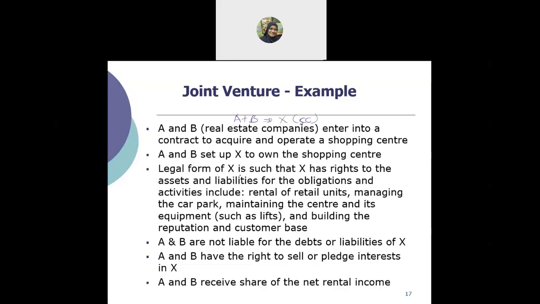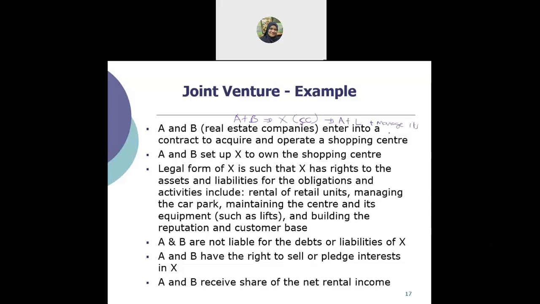The legal form of X is that X has rights to the assets and liabilities for the obligations and activities. So now X has its own assets and liabilities, and also can manage its own activities.